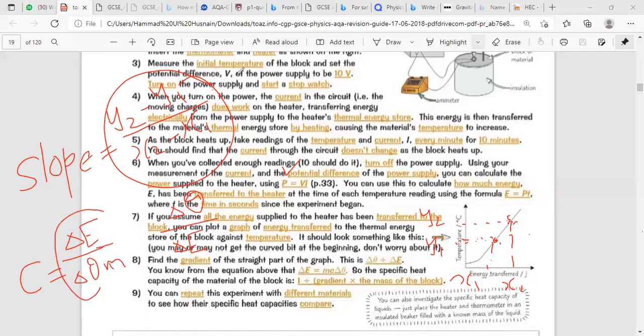So delta theta by delta E is equal to 1 by the slope, or 1 by the gradient of this curve, into mass. So this is what it is trying to say, that the heat capacity will be equal to 1 by gradient into the mass of the block. You got my point?